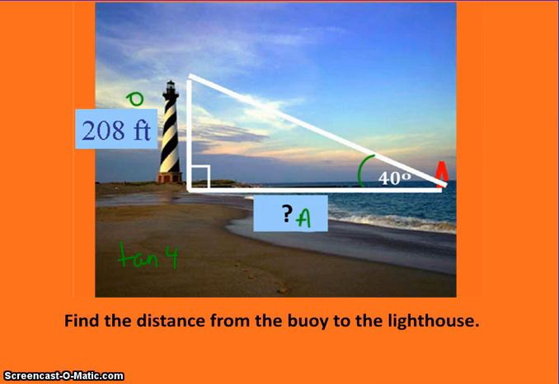So the tangent of 40 degrees is equal to opposite over adjacent. So when x is down low, you divide, so that would be 208 over the tangent of 40. So the distance from the tower is going to be 248 feet.